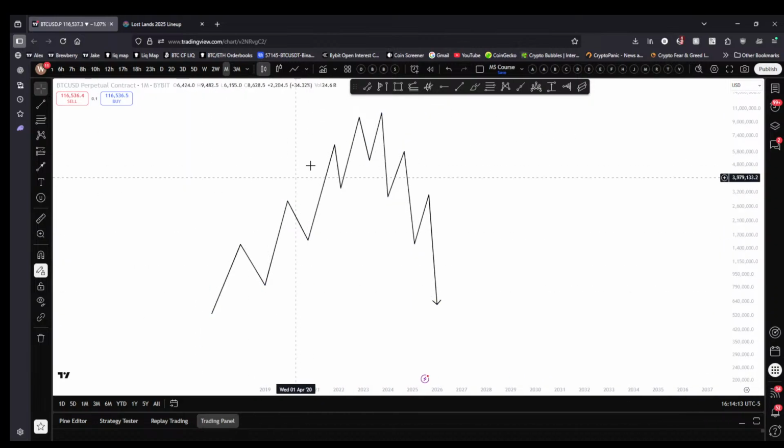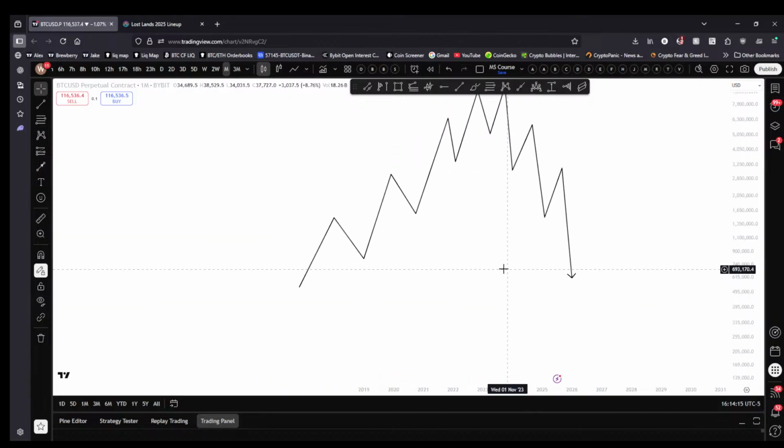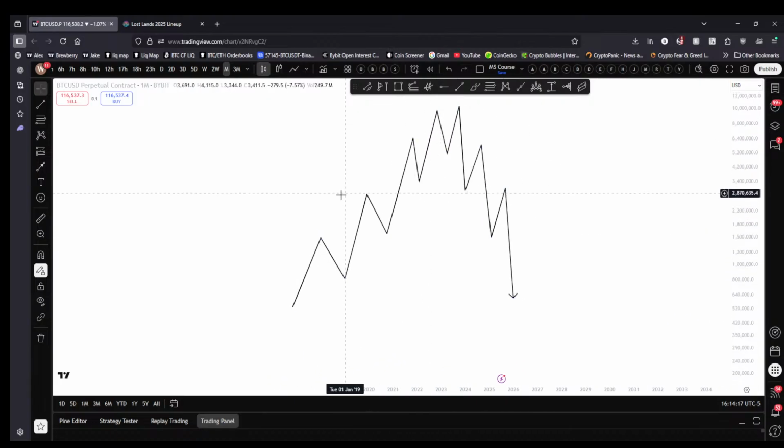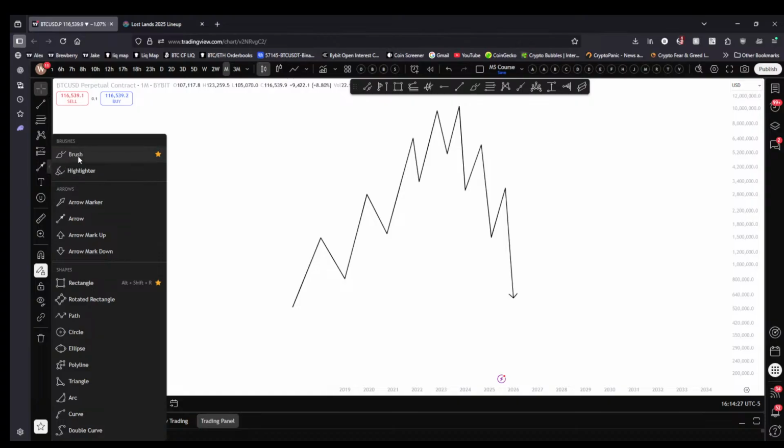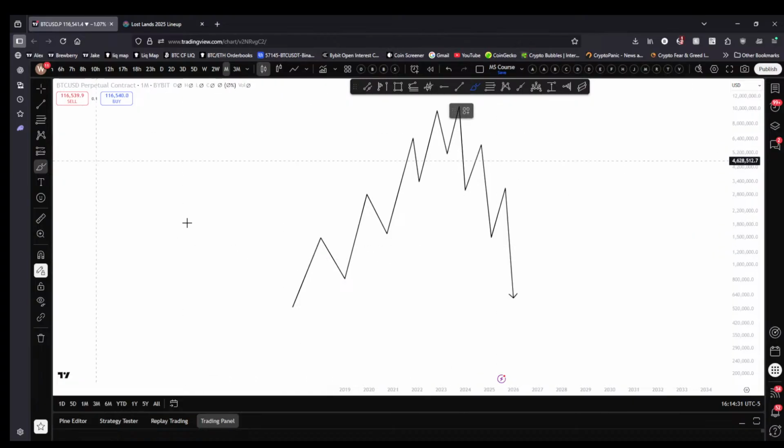Now, in a trend, you also have to understand whether your high is a weak high or a strong high, and whether your low is a weak low or a strong low. The easiest way to understand that is to understand what the job of a low or a high is.